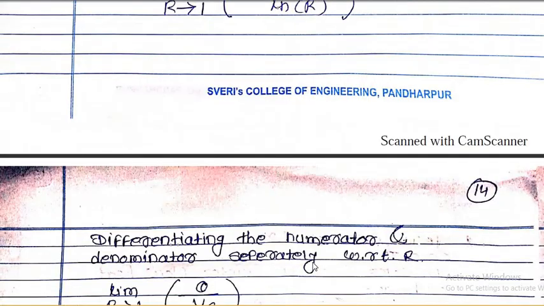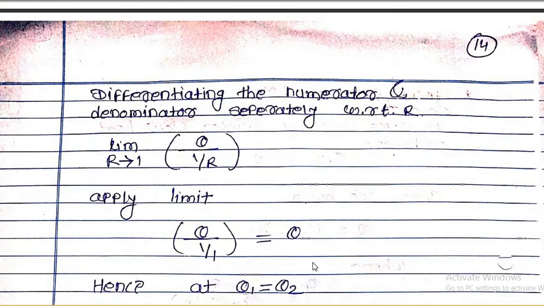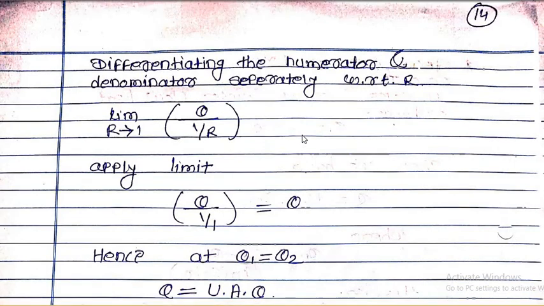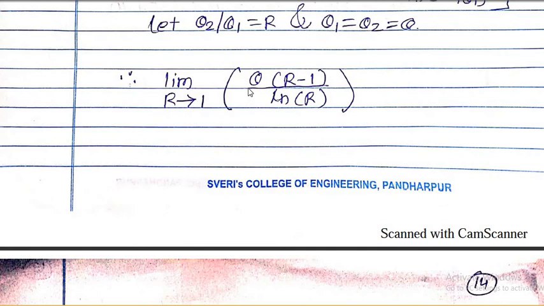In the L'Hospital rule, we are differentiating the numerator and denominator separately, and we are keeping that particular differentiation in the equation. So here, first of all, we are going to differentiate the numerator with respect to r.